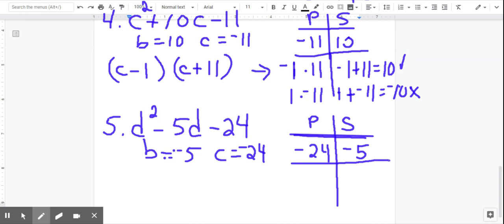Okay, so now two numbers that multiply to negative 24, and when we add them, give us negative 5. So you could think 1 times 24 is the multiple.